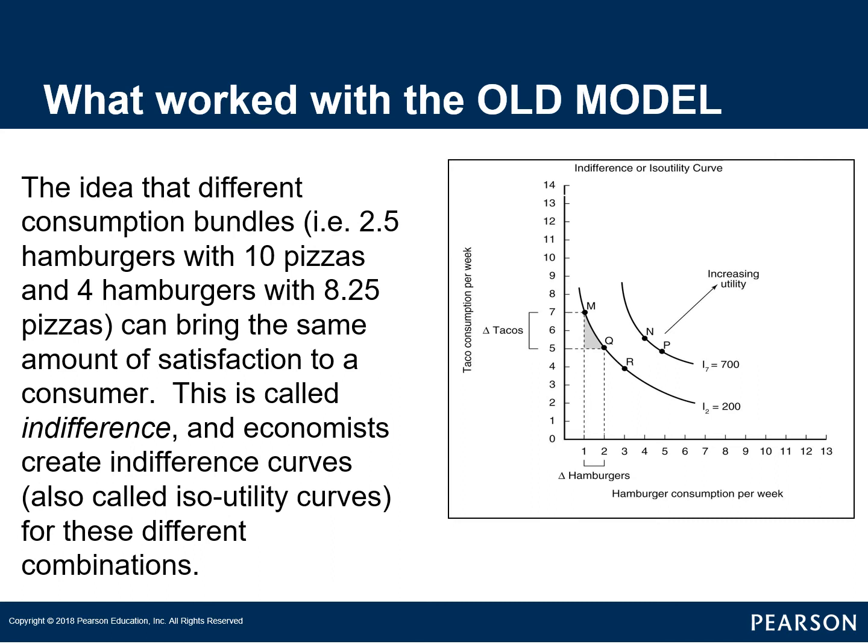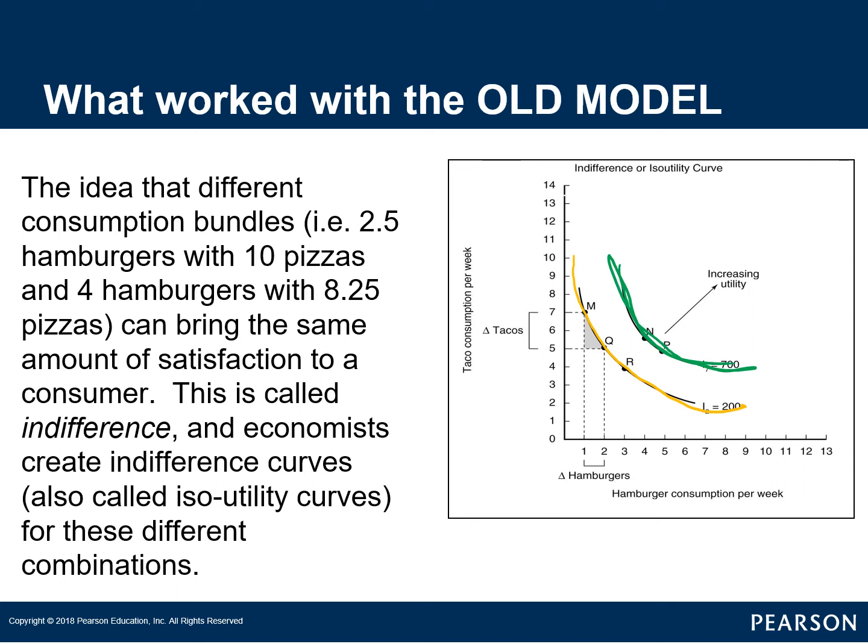So every single line on a single indifference curve. This image has this yellow indifference curve that I made and then this green indifference curve. Those are two different indifference curves.